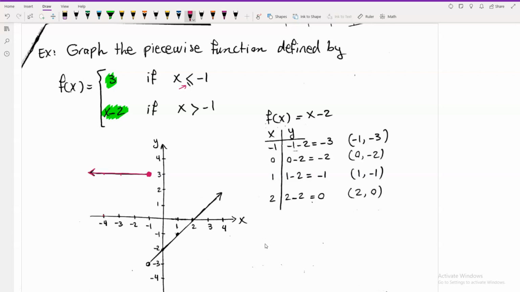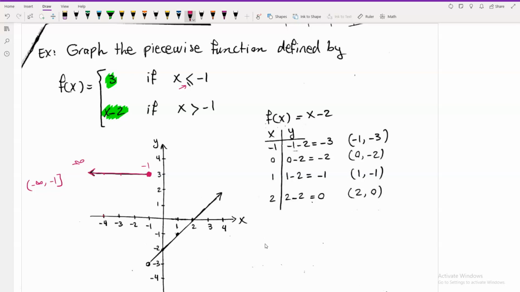It's just from -infinity to -1. And that is a closed circle, so we have to use a bracket instead of parentheses. And so this was for when f of x equals 3.